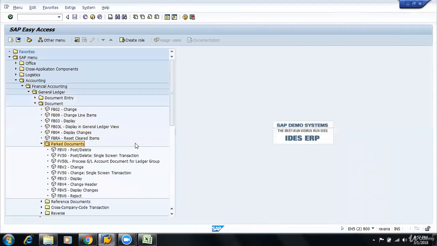Parked documents. Next, FBV0. Well, for your information, this parked document folder has all the activities for a parked document. Please take a good look at this later on. You can have many more experiments here. Let's go on with post or delete.